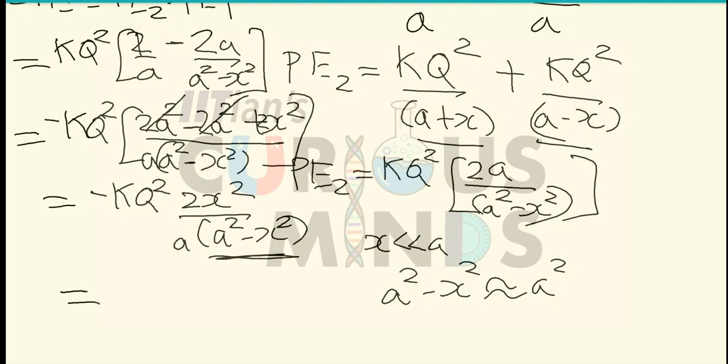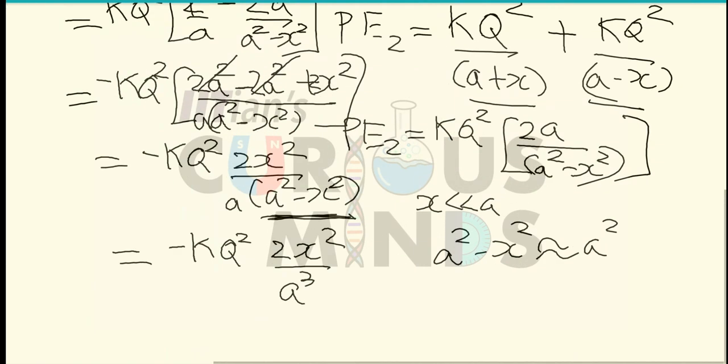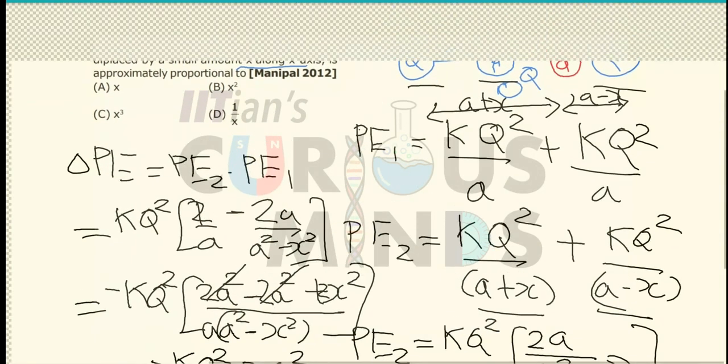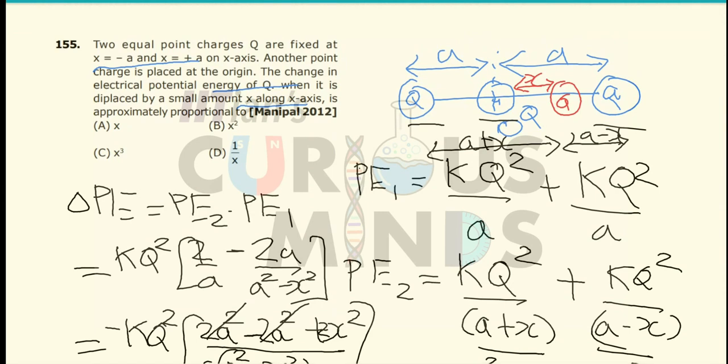So basically this comes out to be minus kq squared into 2x squared divided by a cubed, since a squared multiplied by a is a cubed. The rest of the terms are constant, so the change in potential energy is directly proportional to x squared, if we make the approximation that x is very small as compared to a. So the correct answer is option B, that it is directly proportional to x squared.